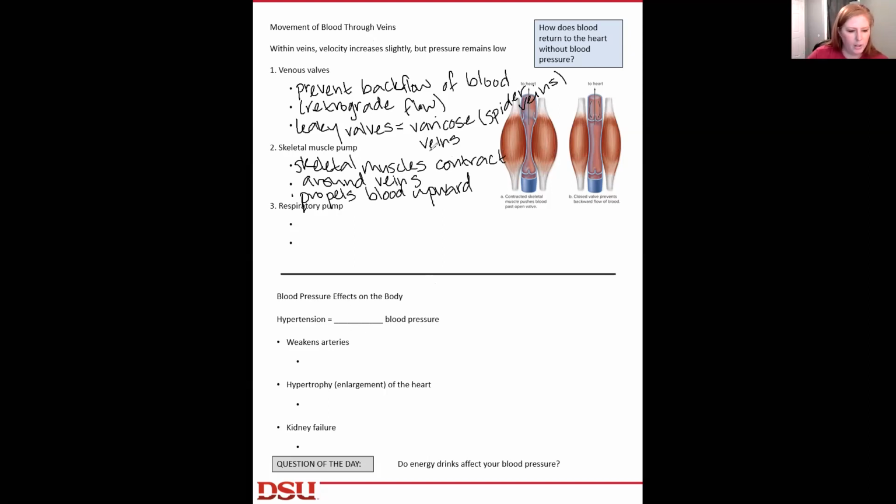It's because when you inhale, the volume of gas that you breathe in is going to increase in your thoracic cavity. So if you're just sitting there right now, take a deep breath. You've just increased the volume of gas in this thoracic cavity. When you do that, it causes a low pressure environment.